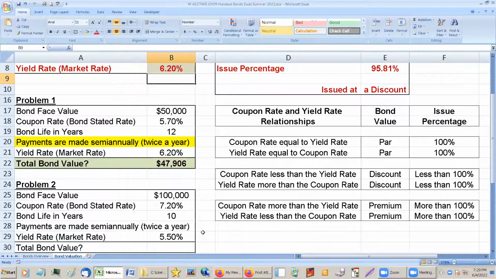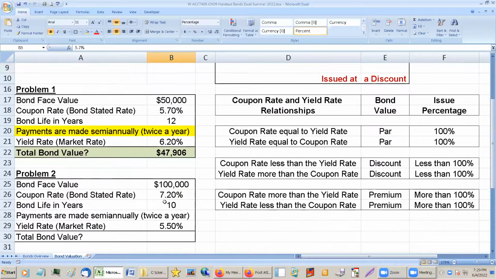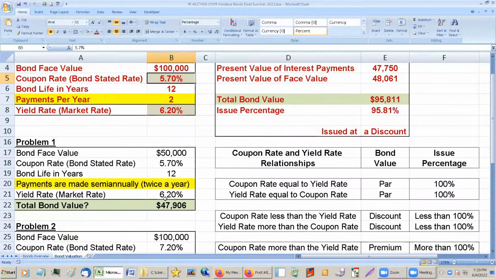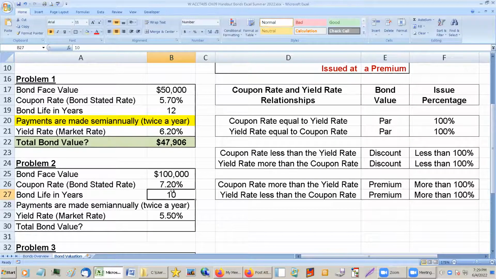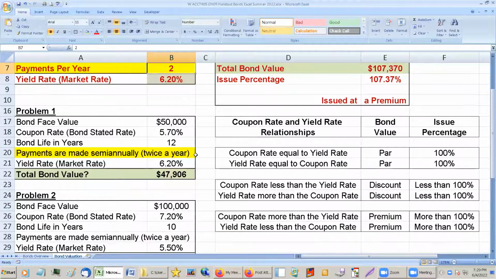Okay, let's go to the next one. 100,000. Interest rate is 7.2. 10 years. Semi-annual again, and the market wants 5.5.